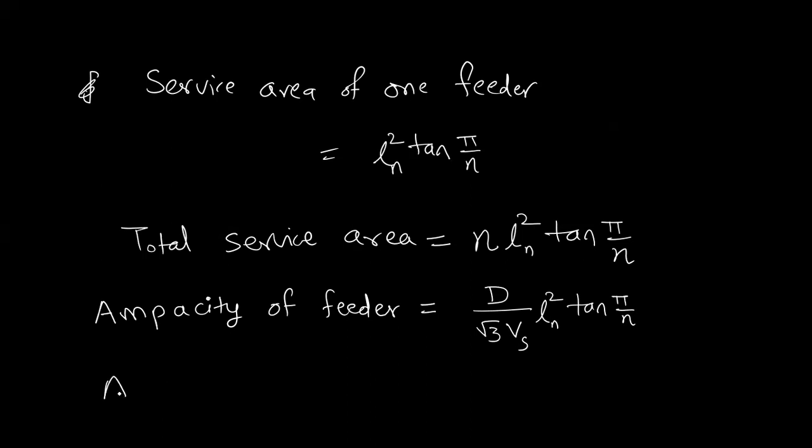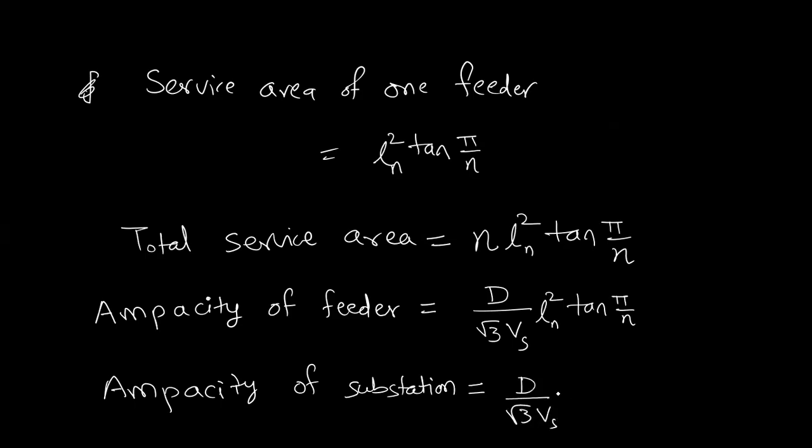Similarly, we can derive the current carrying capacity required for the substation. The substation serves n number of such feeders, so we simply multiply that by the number n. So that becomes D by root 3 Vs times n times L square tan pi by n.